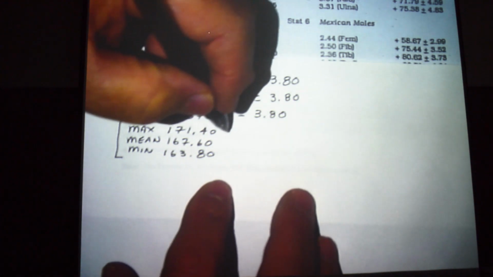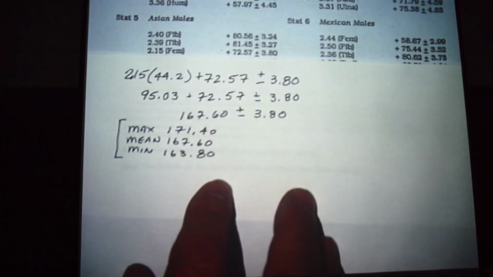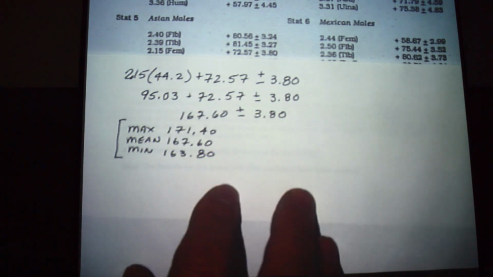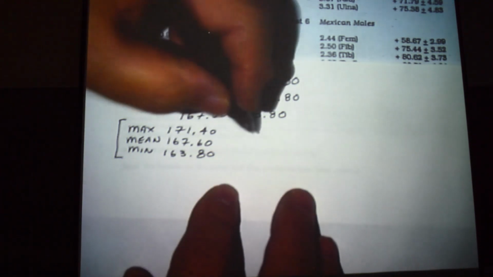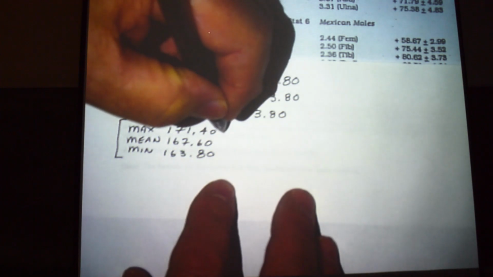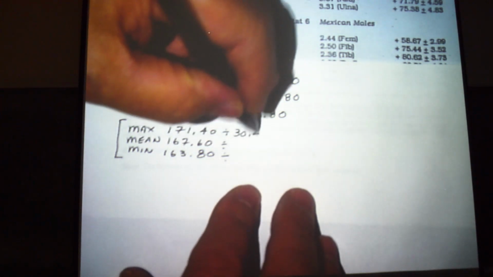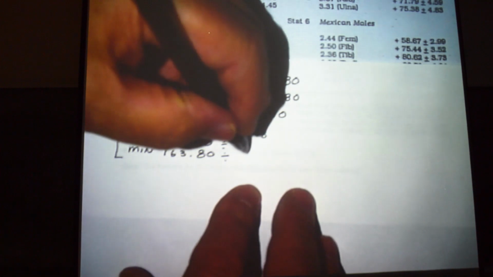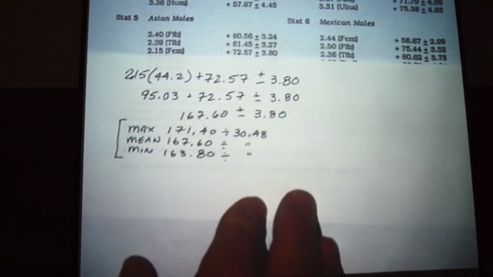In order to turn these from metric into something that law enforcement agencies here can deal with, we're going to convert it from metric to standard. We have a conversion factor of 30.48. So you're going to divide by 30.48.